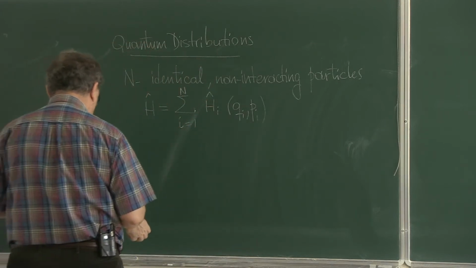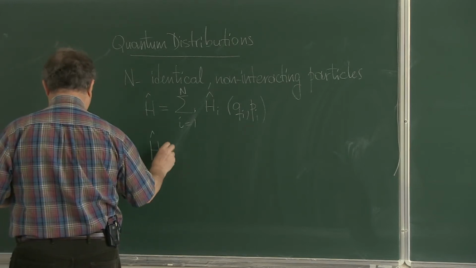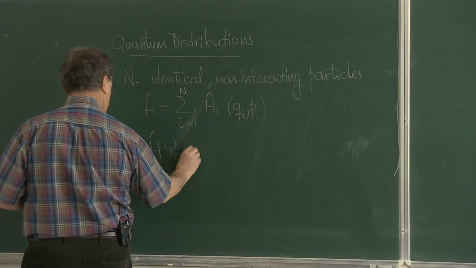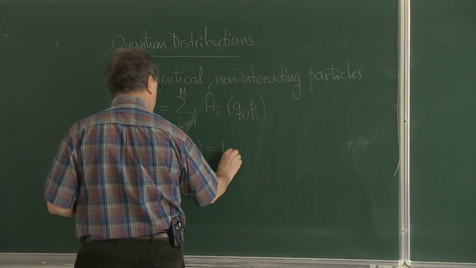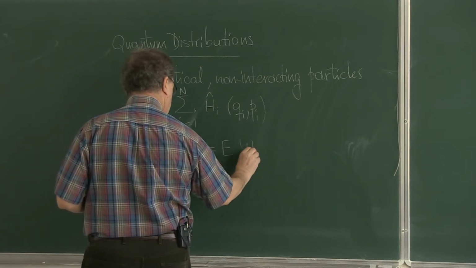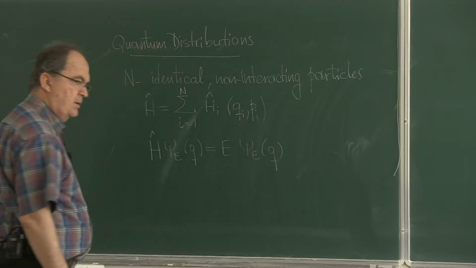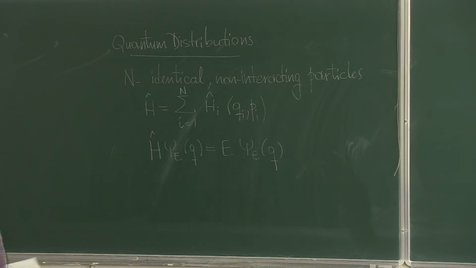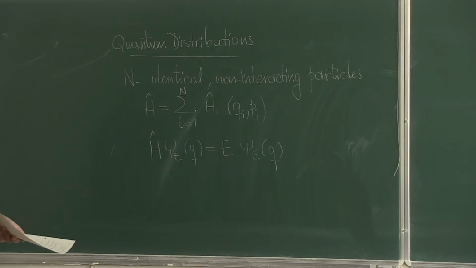This enables us to write the Schrödinger equation for the system as the following. Now, you have to keep in mind that you have n particles in your system.